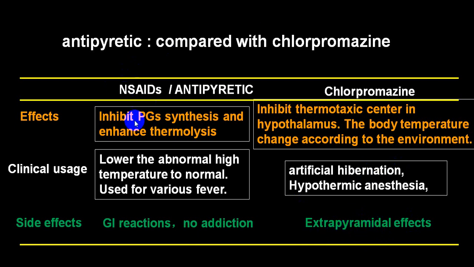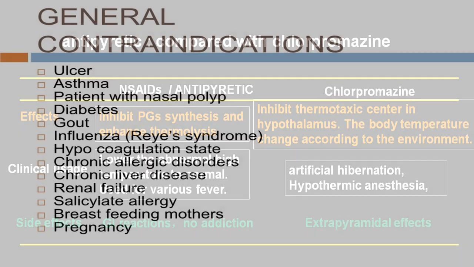While NSAID has side effects like GI tract, there is no addiction, while chlorpromazine can produce addiction also, and there are extrapyramidal side effects. So while giving chlorpromazine, you have to keep this in mind, and it will be a drug of choice in children in hyperthermia. So you have to think it over.